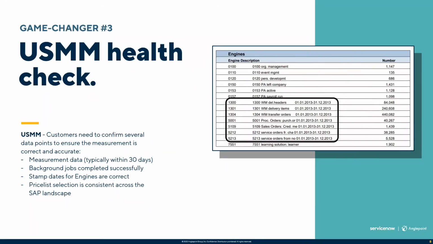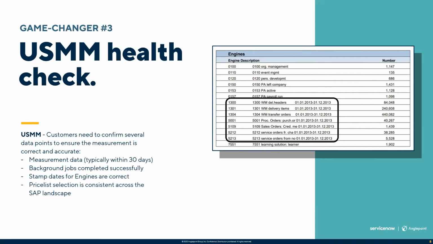The reason it's important to make sure that's consistent across all of the different systems is that when you start looking at the users and which licenses they're consuming, if the price lists are mismatched, you may have duplicates. So the licenses won't consolidate together correctly because the hierarchies are different across price lists.